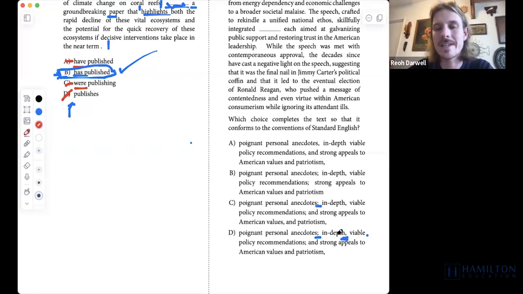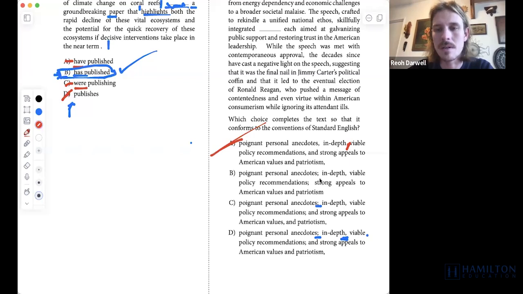Otherwise, we would think that in-depth and viable policy recommendations are two different elements of this list here, when they are in fact part of the same element, right? And we need a comma between the two because in-depth doesn't describe what viable is, right? So A, you need the comma between in-depth and viable.